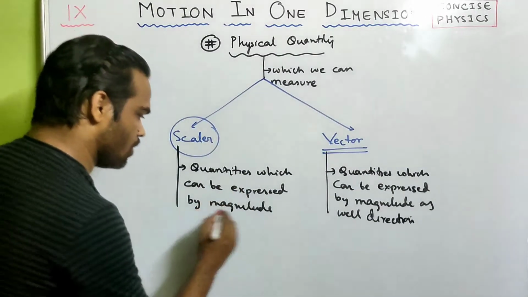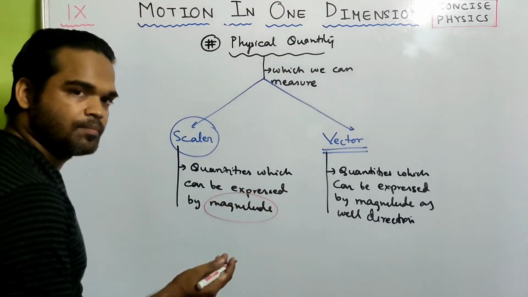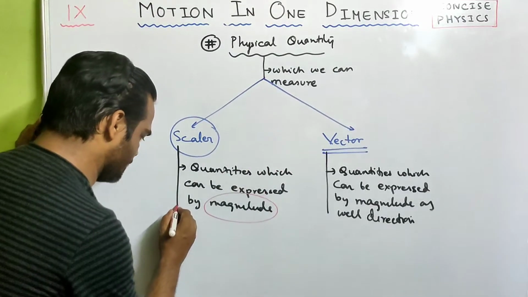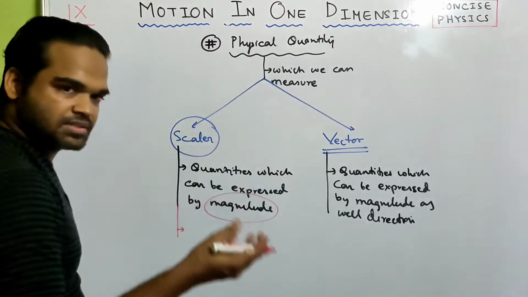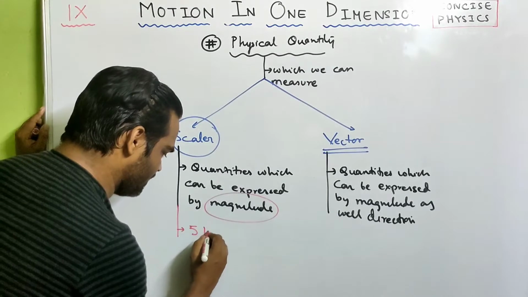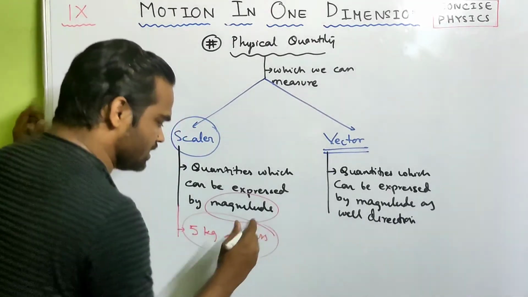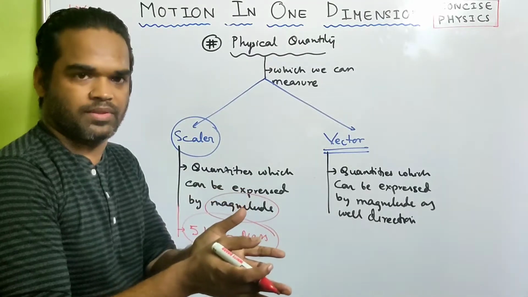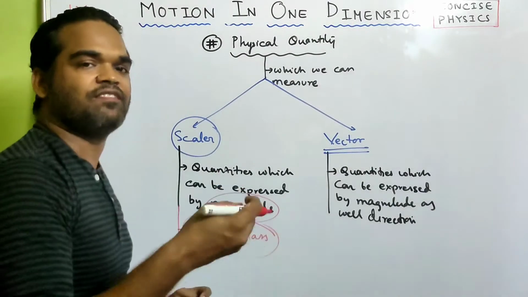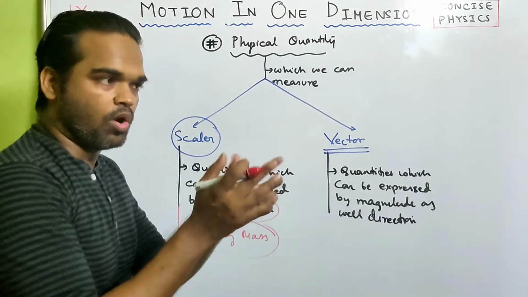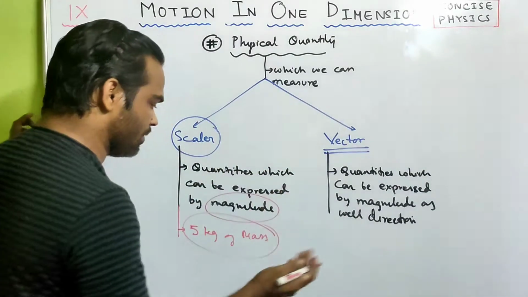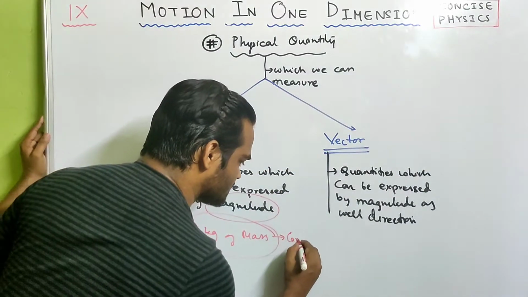Over here there is one parameter which is magnitude. Suppose mass, we have 5 kg of mass, and this is a complete statement, because as soon as we hear 5 kg of mass we know what we are measuring.